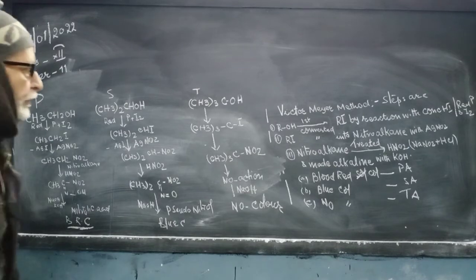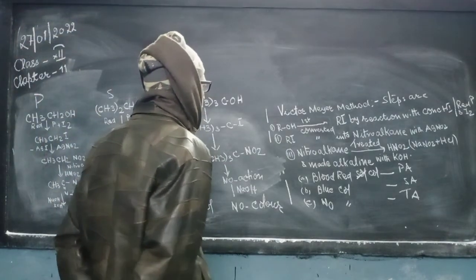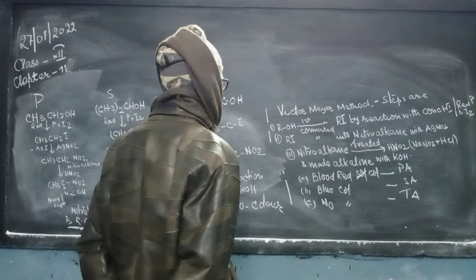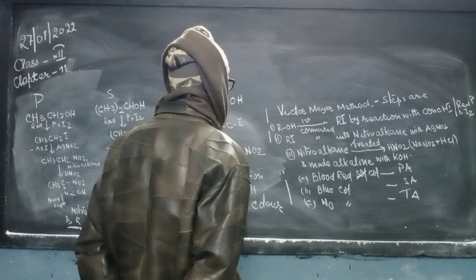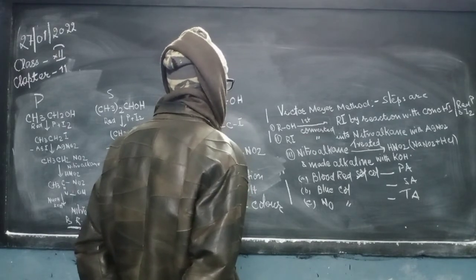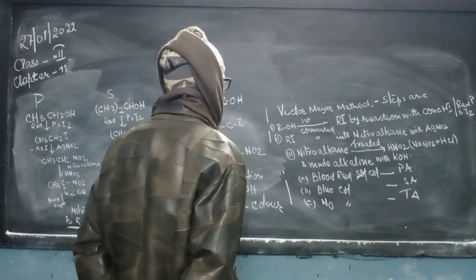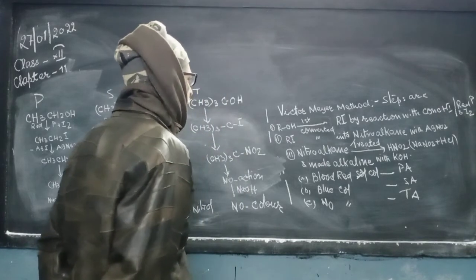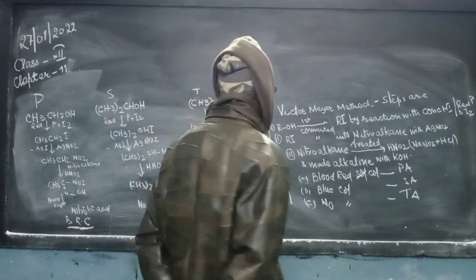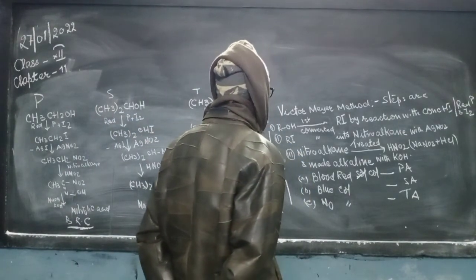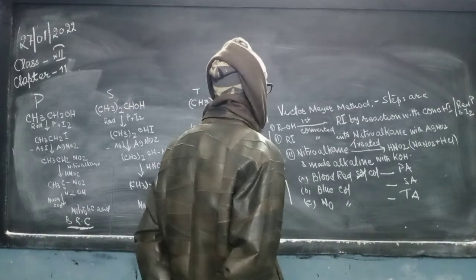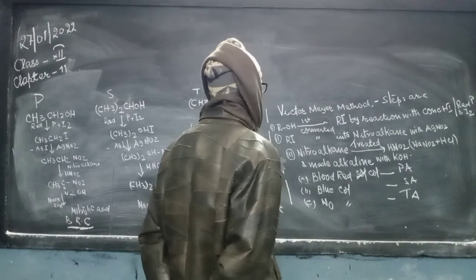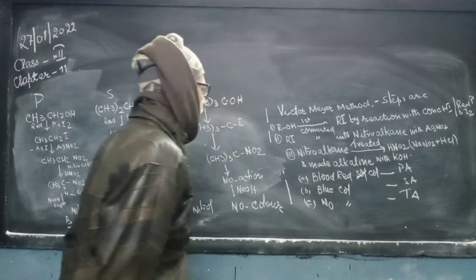Students, now we are going to discuss Victor Meyer method. Our second method is Victor Meyer method to distinguish between primary, secondary and tertiary alcohols. The different steps are: alcohol is converted into alkyl iodide.